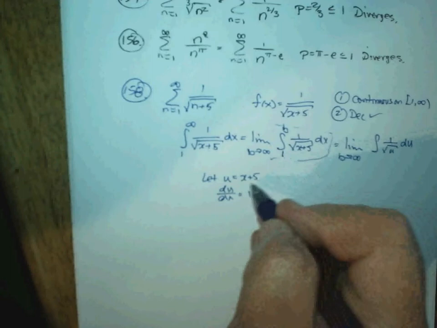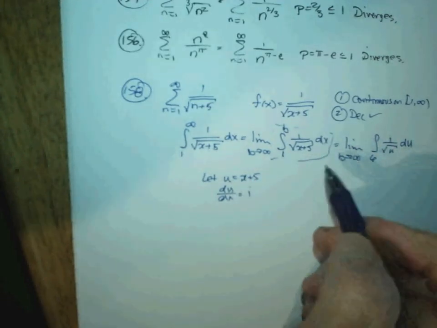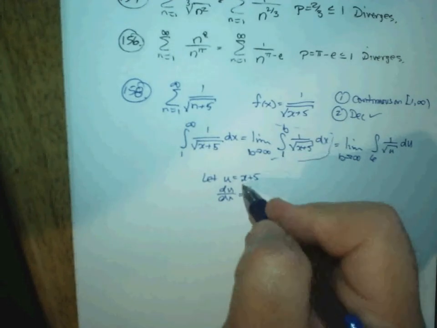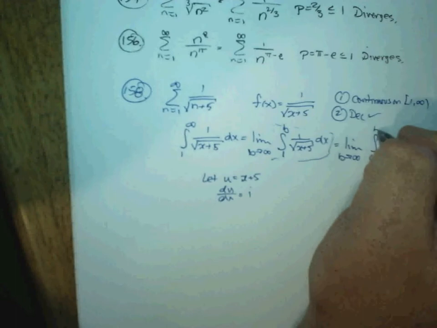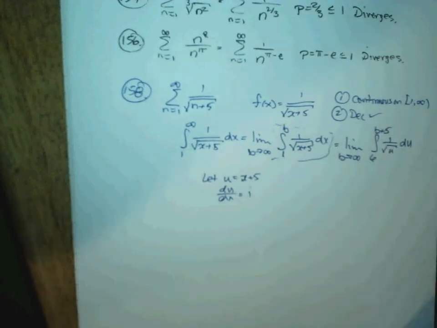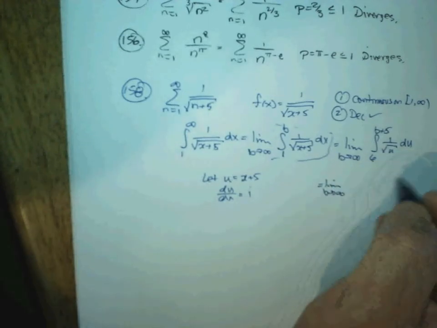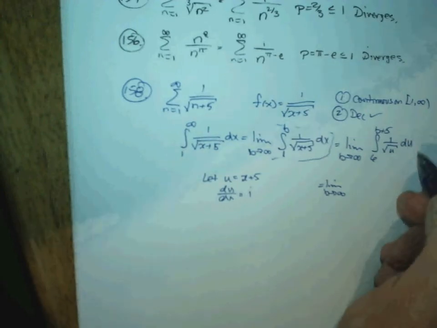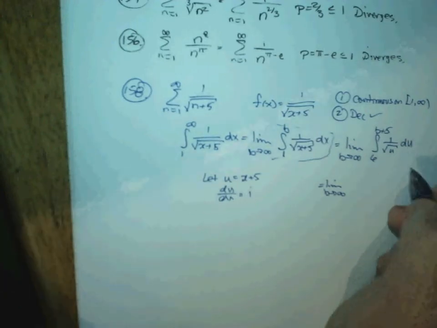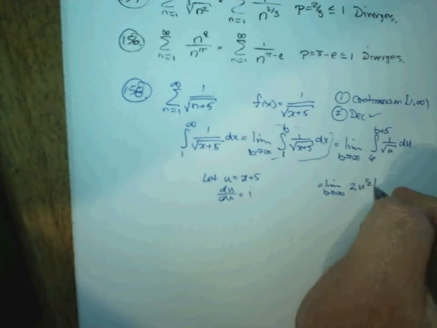Now, what about the limits of integration? Well, when x is 1, 1 plus 5 is 6, so u starts at 6. Okay, when x is equal to b, u is b plus 5. And so there you have it. Okay. All right, now let's evaluate this integral. This is the integral of u to the minus a half.